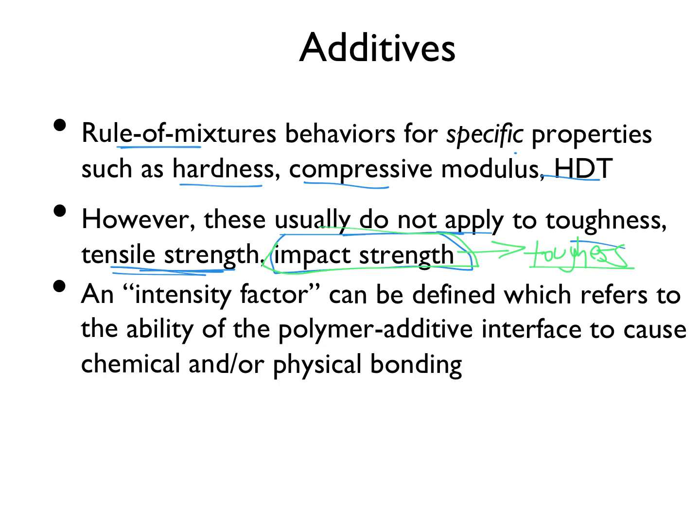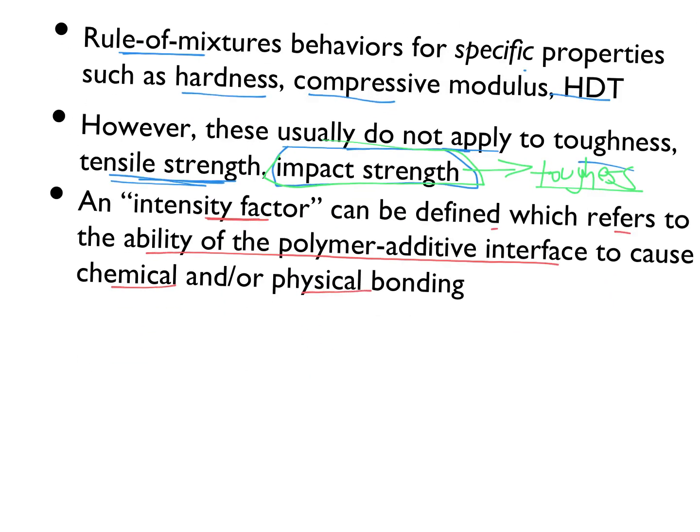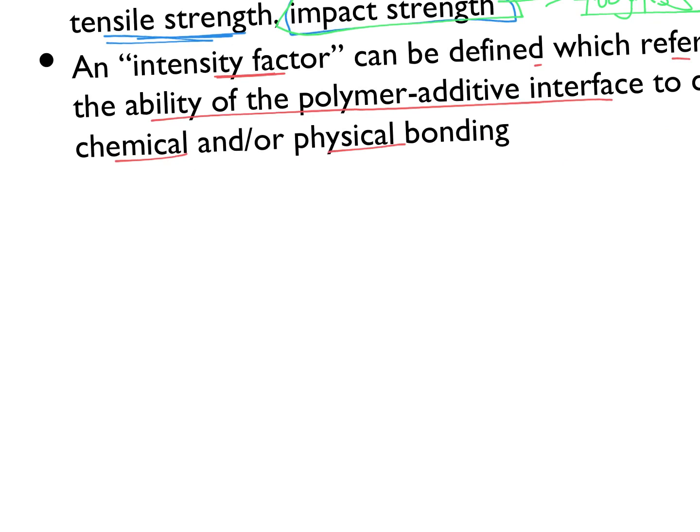What we can think about is something called an intensity factor that helps us explain this, which refers to the ability of the polymer additive interface to cause chemical and or physical bonding. So what does that mean? If I have this additive, and I'm just going to call it an inorganic additive.